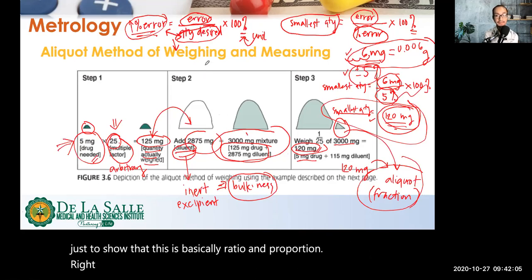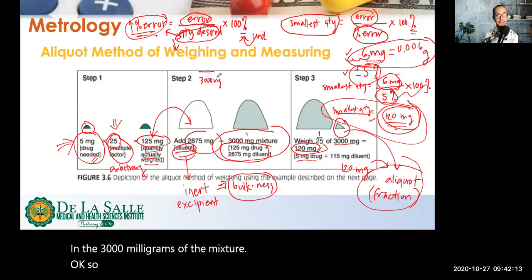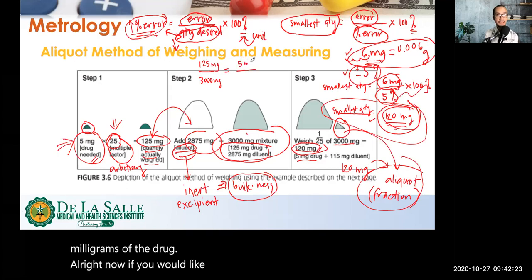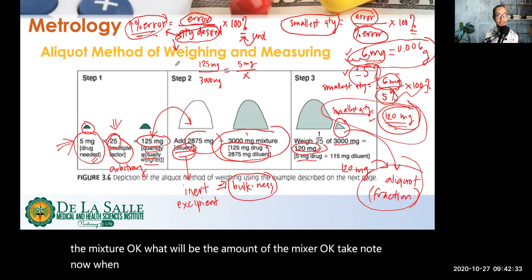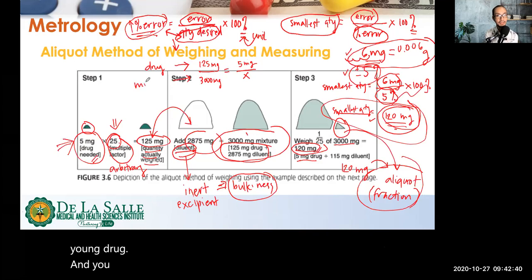Now, just to show that this is basically ratio and proportion, okay? Remember that in the 3,000 milligrams of the mixture, okay, so this is 3,000 milligrams of the mixture, you added 125 milligrams of the drug. Okay, now if you would like to get 5 milligrams of the drug from the mixture, okay, what will be the amount of the mixture? Okay, take note na when I did the ratio and proportion, yung nasa numerator ay yung drug and yung nasa denominator ay yung mixture.